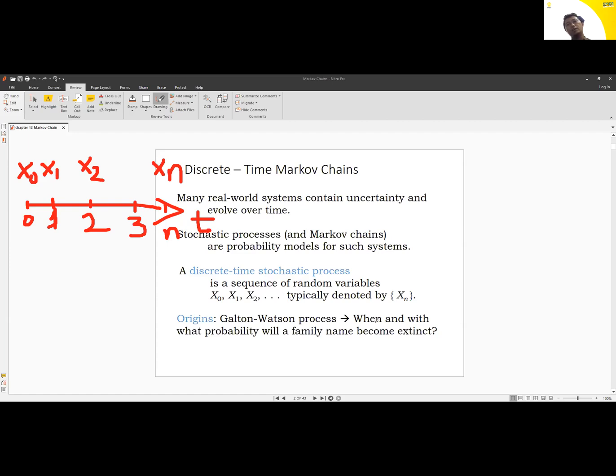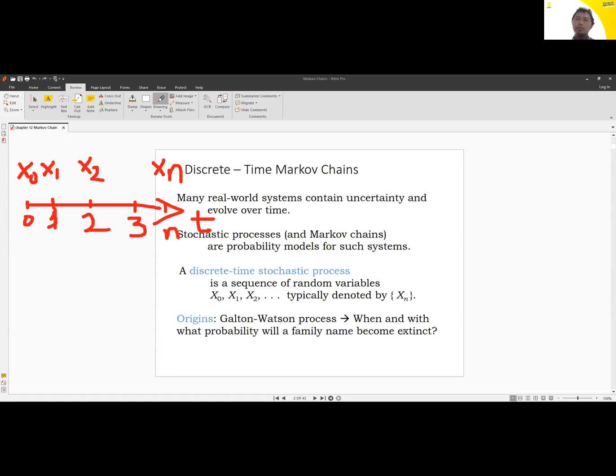This computes when, and with what probability, a family name becomes extinct, meaning it disappears. If you have a family name, usually when a man gets married to a woman and they have children, the family name of the children belongs to the father in certain societies, but in other societies it depends on the mother's family.